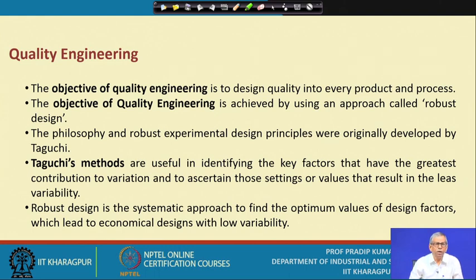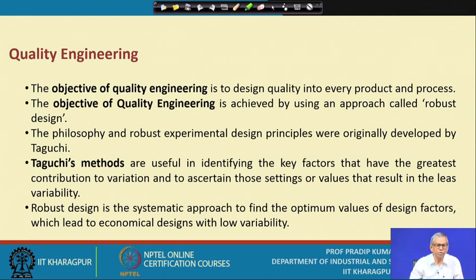The philosophy and the robust experimental design principles were originally developed by Taguchi. In fact, this particular term quality engineering was coined by him, Taguchi, and while he proposes an approach for creating a robust product, he emphasizes using experimental design during prototype stages.